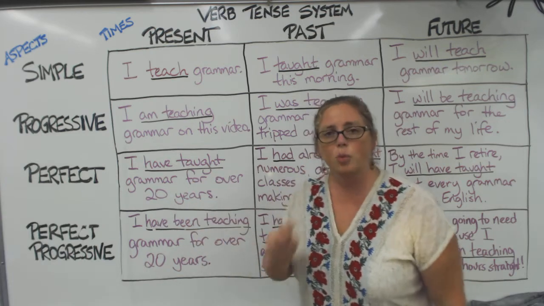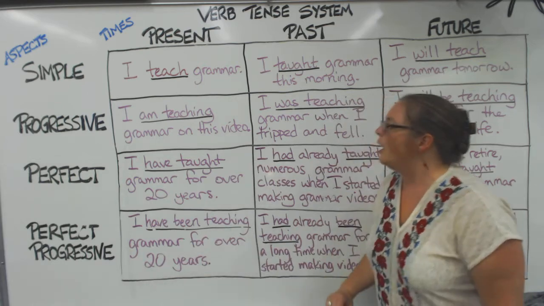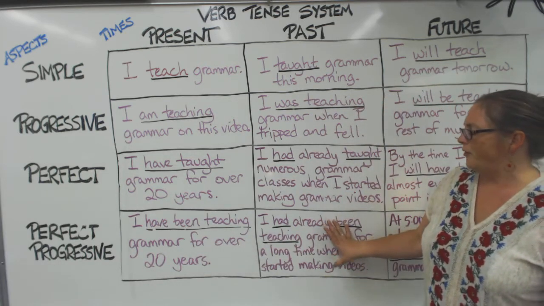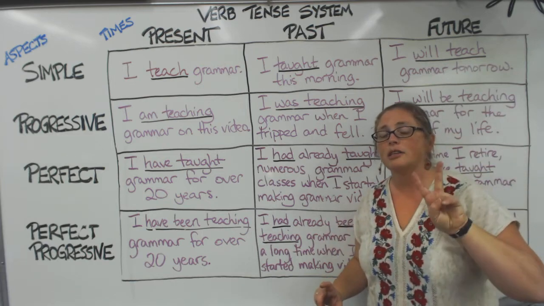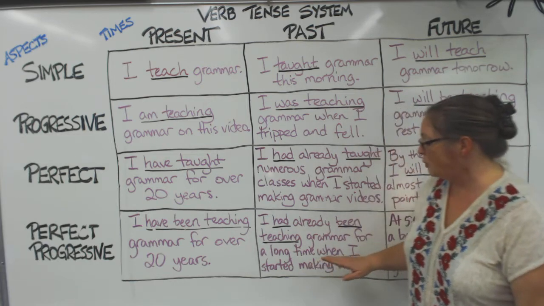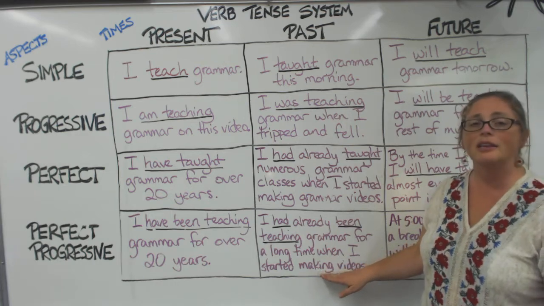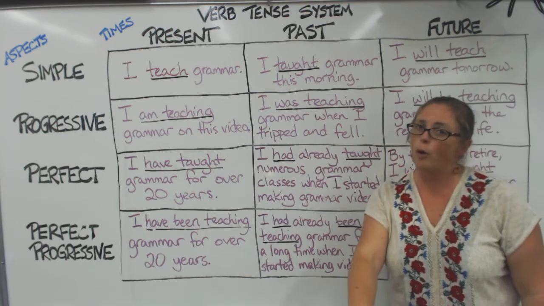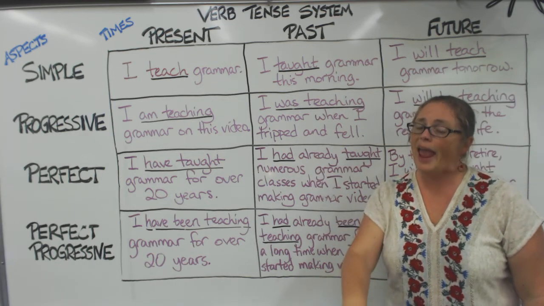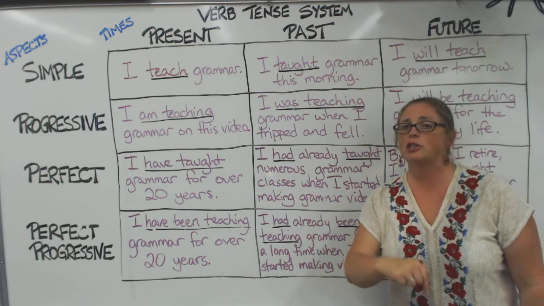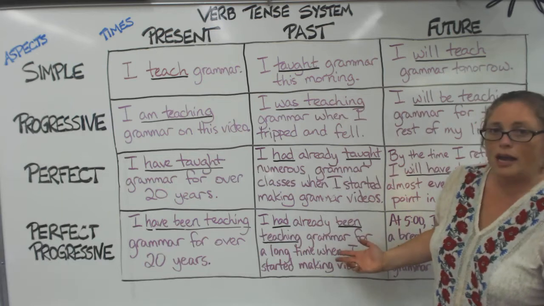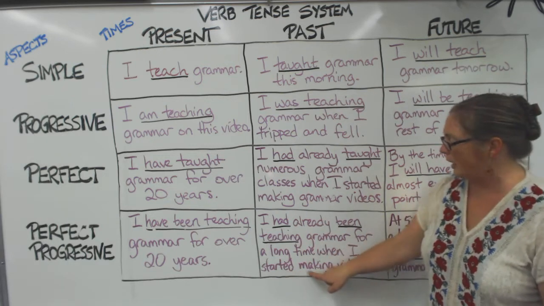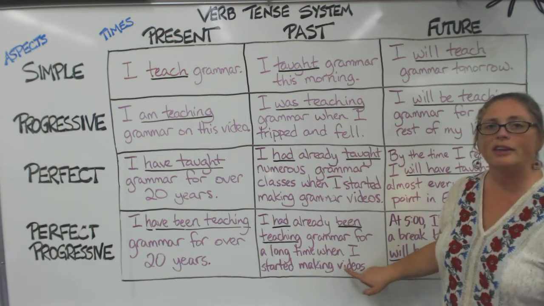So, just one point to keep in mind. The past perfect progressive, again, you need 2 past times. You need 1 time in the past, and then you want to go before that time and say that the action is not finished at that time. What time are we looking at? We are looking at when I started making videos.